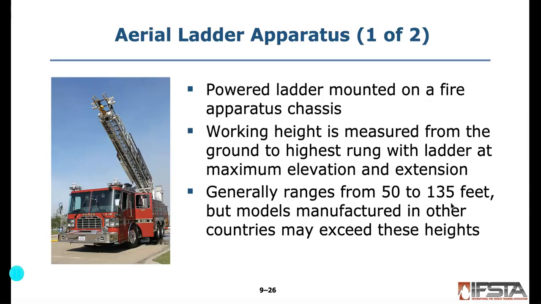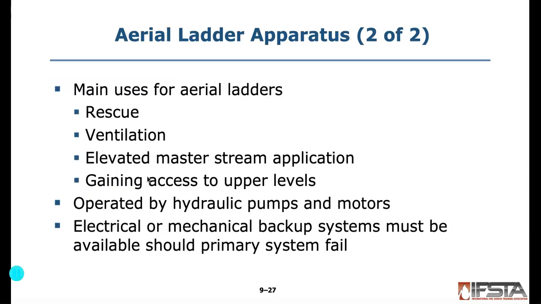Aerial ladder apparatus, powered ladder, usually hydraulic, on a fire apparatus chassis. The working height is measured from the ground to the highest rung. These are rungs, these pieces that go across, and the beams go down the side. So that's going to be your working height, generally 50 to 135 feet. But models manufactured in other countries may exceed these heights.